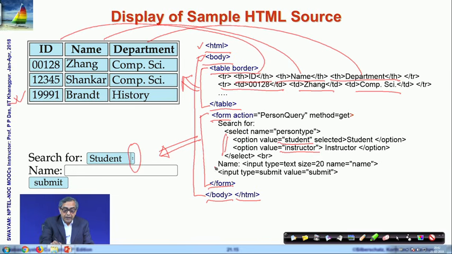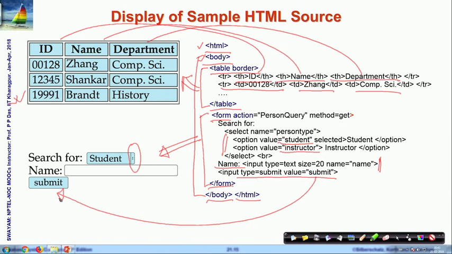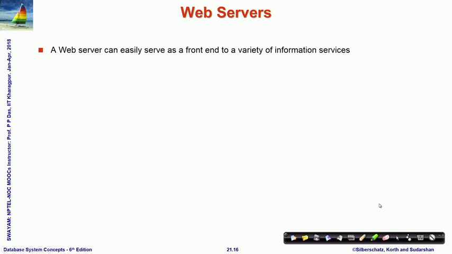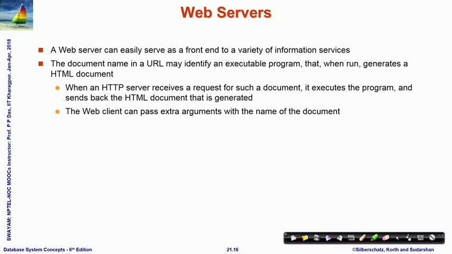Then I have a qualifier name, and there is an input text box where you can input any string up to size 20, and once this has been done, you have an input which is submit, which is the submit button here, which shows that you can now submit, and then this filled up form will be sent back to the server from where it originally came. This is the basic mechanism of HTML. You can learn a little bit more about that and get familiar with it.